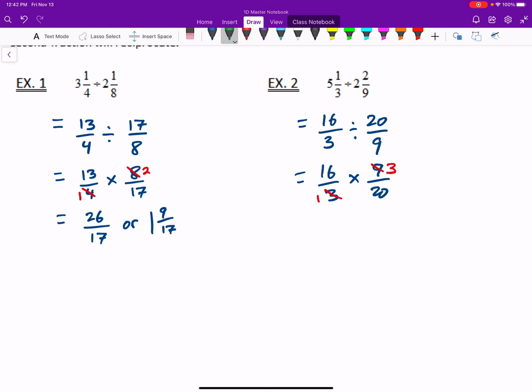I see something else I can do. 4 goes into 16 4 times, and 20 5 times. So I'm going to be able to keep my numbers much smaller. 4 times 3 is 12. 1 times 5 is 5. And so there is a pre-reduced fraction. As a mixed fraction, 5 goes into 12 twice with 2 left over.